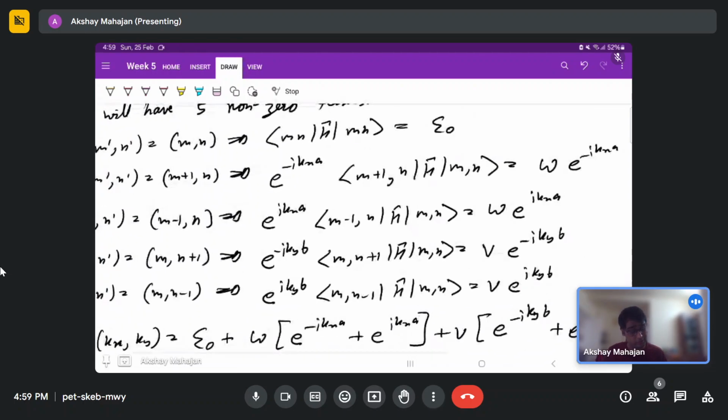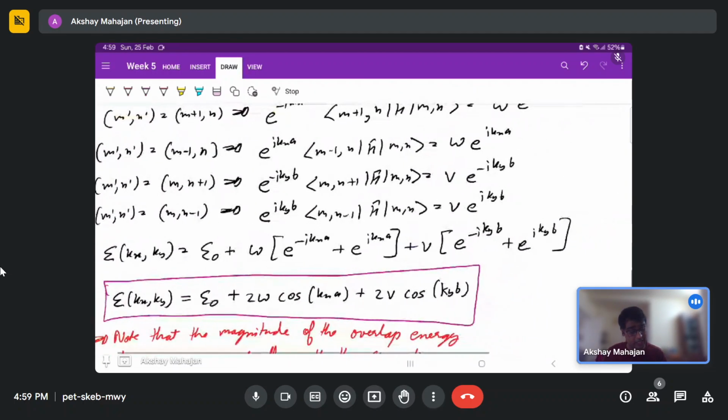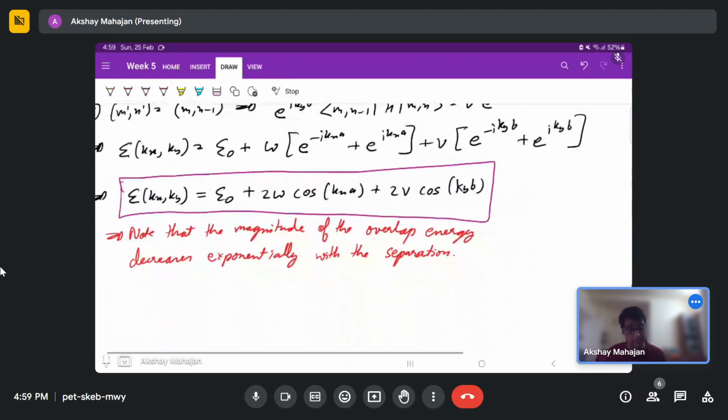This is shown in Kittel as well, where they have used a minus gamma in the tight binding model, like we use minus t, and they have shown that it decreases exponentially with the separation.